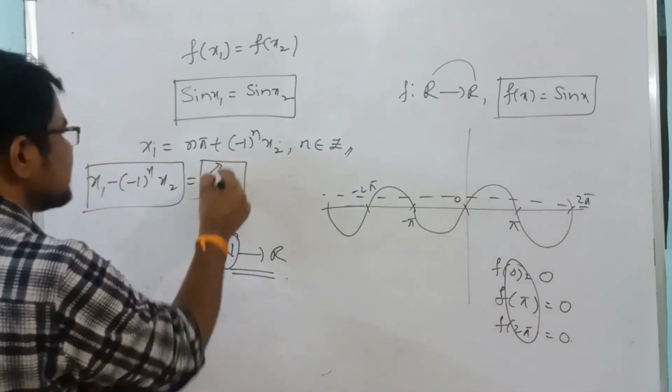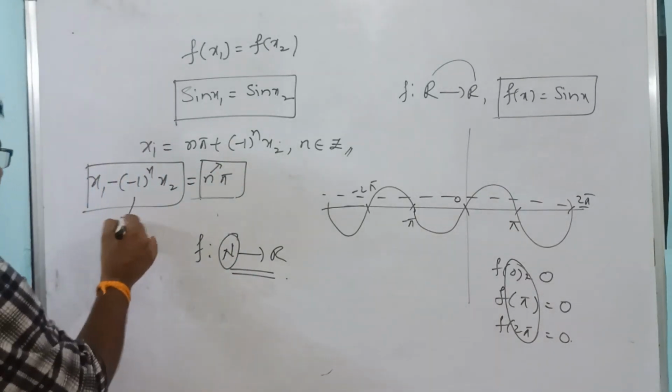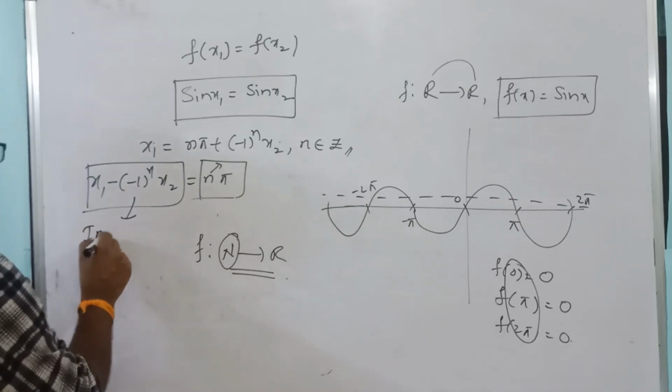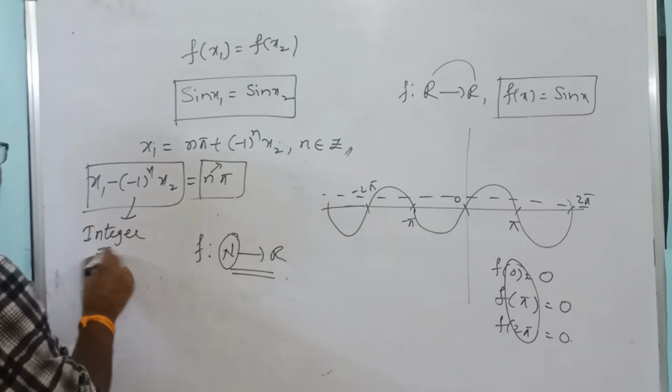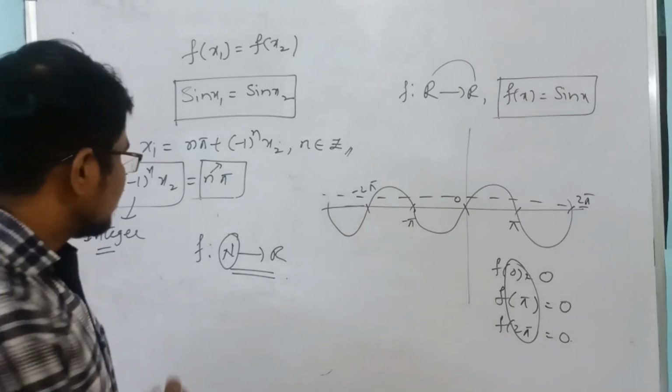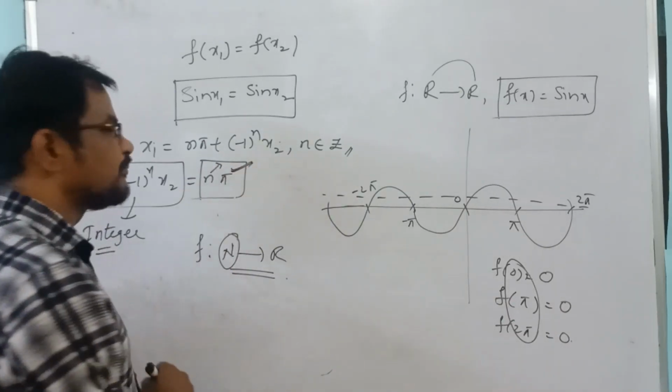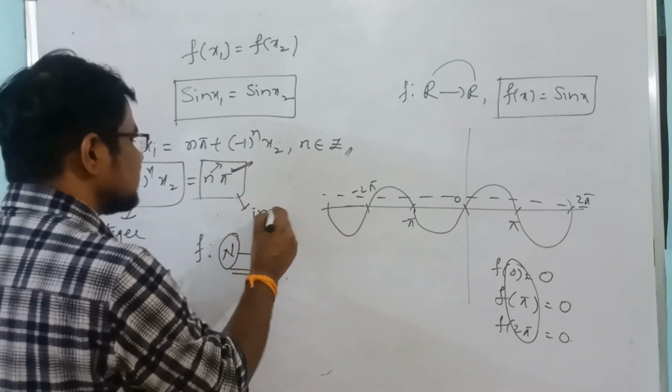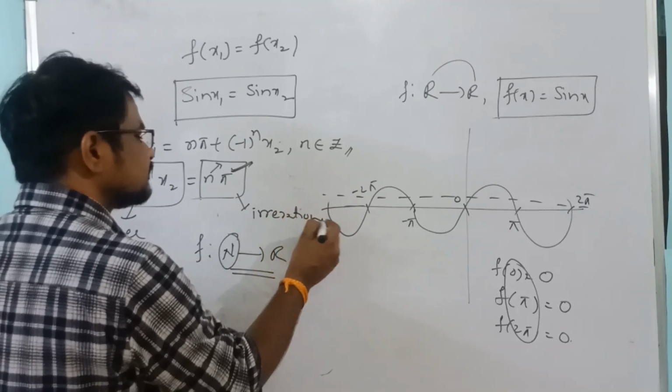And n is an integer, meaning this left side LHS is an integer. But the RHS is a multiple of pi, meaning it is irrational.